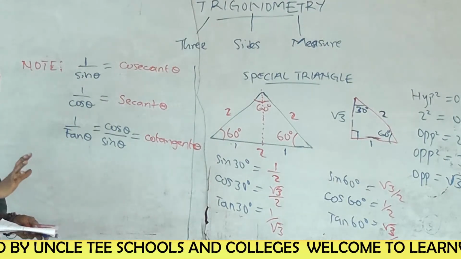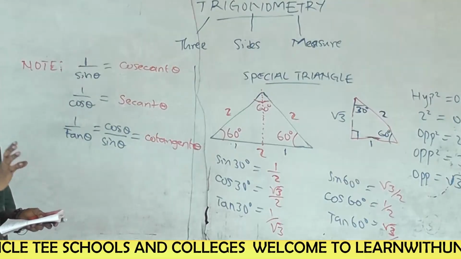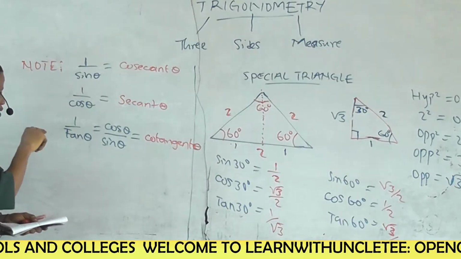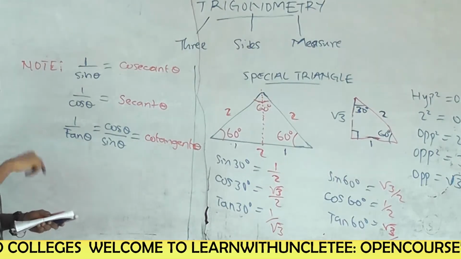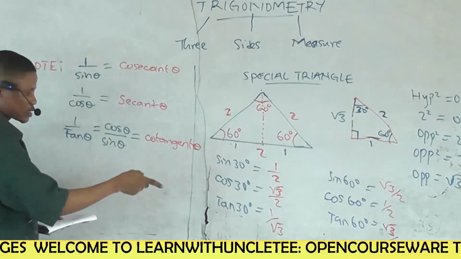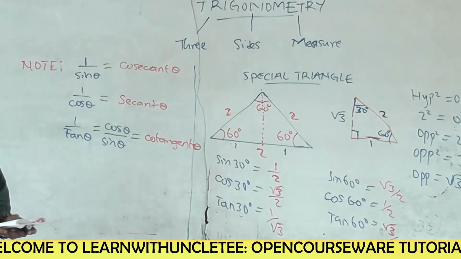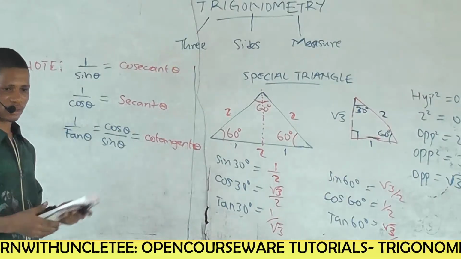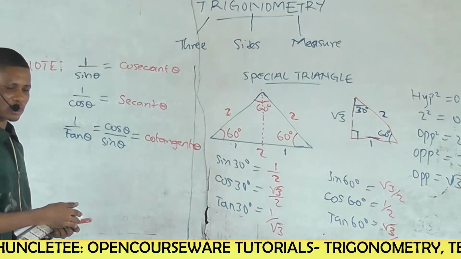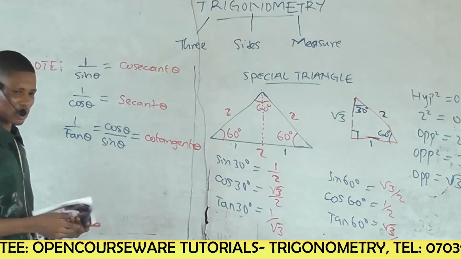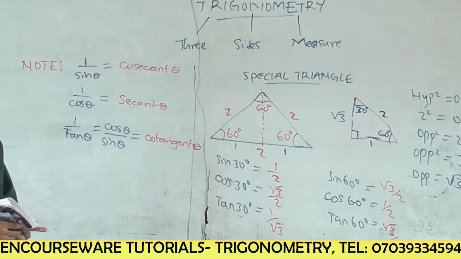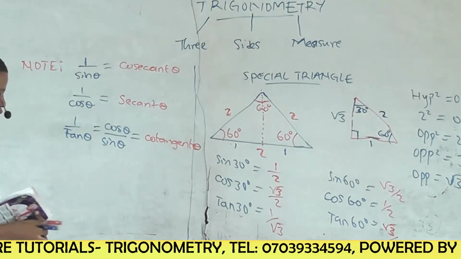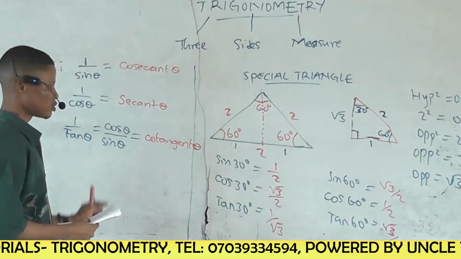You know tan theta itself is sine theta over cos theta. So cot theta is the same thing as cos theta over sine theta. So cotangent theta or cot theta is the reciprocal of tan theta. These are the things you must know. It's very, very important. So you note that, right?